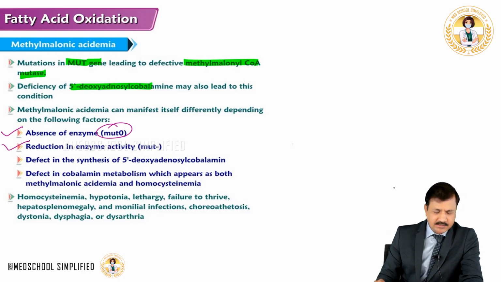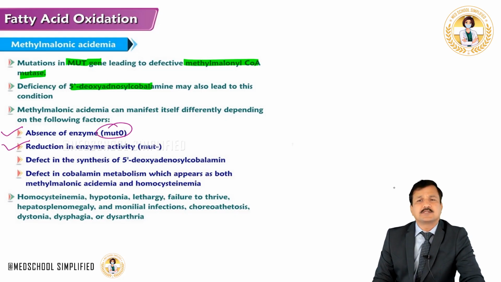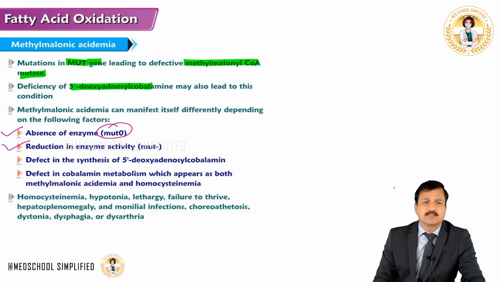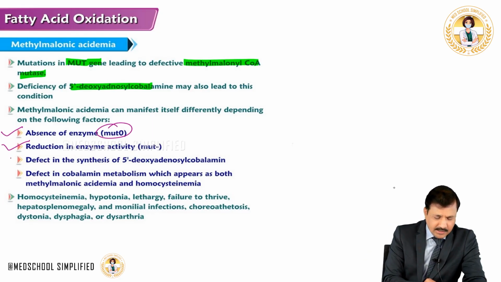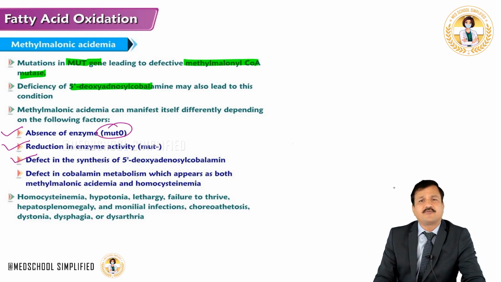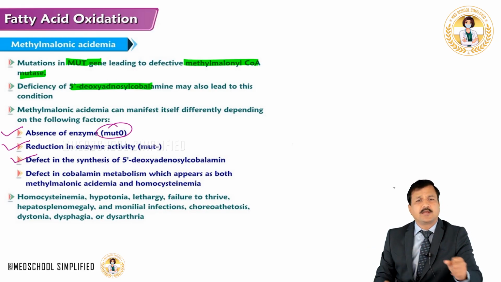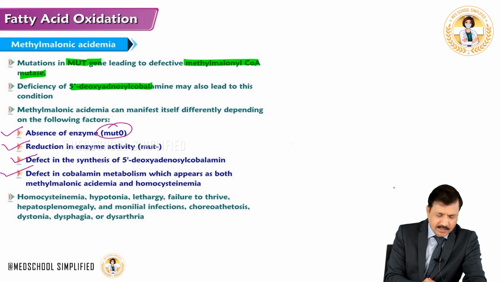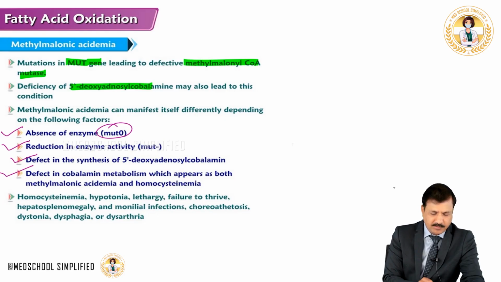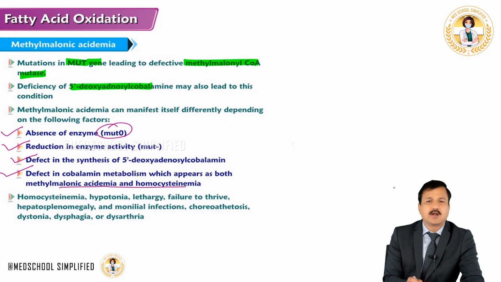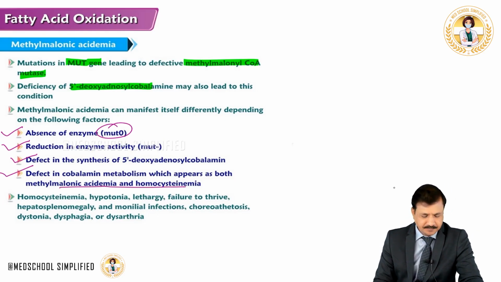And if there is a reduction in enzyme activity, that is MUT minus cases, there is decreased activity of the enzyme, or it can be a defect in the synthesis of 5-deoxyadenosyl-cobalamin, that is vitamin B12 being decreased, or it can be a defect in cobalamin metabolism, which appears as both methylmalonic acidemia and also homocystinemia.